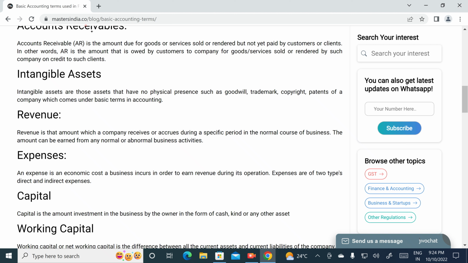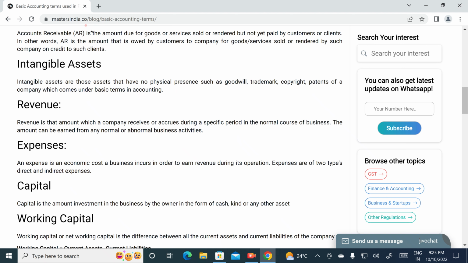No physical appearance, no physical touch is there with the asset. So goodwill, trademarks, copyrights, patents of the company, the brand, these are all intangible assets for the business.